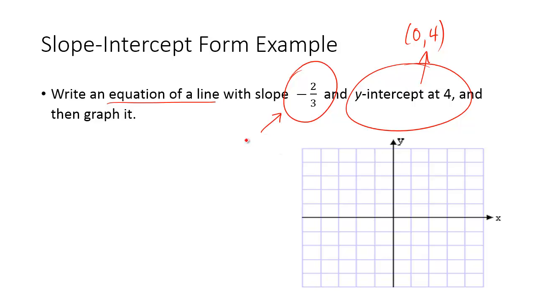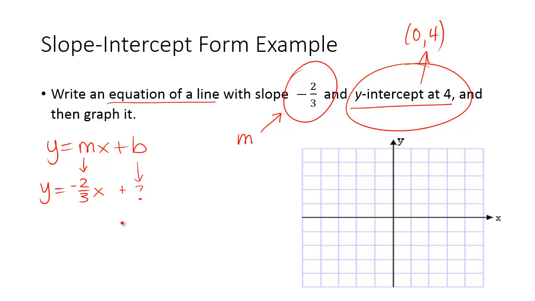All right, so this is your m. So we know this part for sure, but we aren't really sure about this part necessarily. I mean, in this case, it's really easy because they already told us the y-intercept, and b is always the y-intercept point.